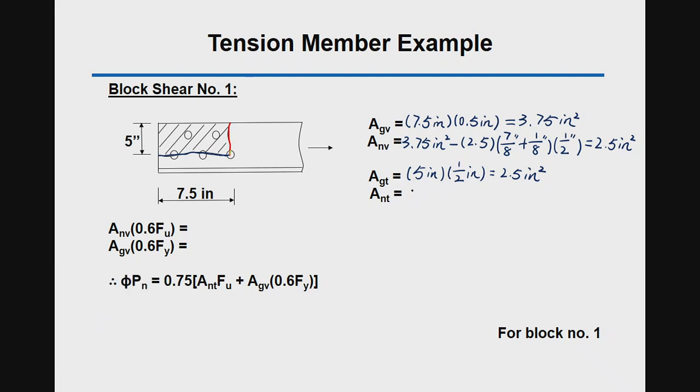So ANT is going to be equal to 2.5 square inches minus half of the hole, so that's 0.5 times the hole diameter times the thickness, equals 2.25 square inches. All right.